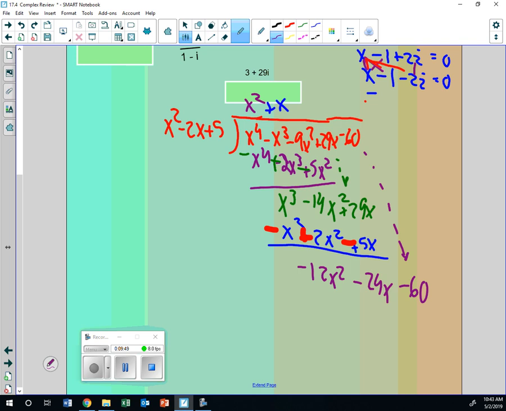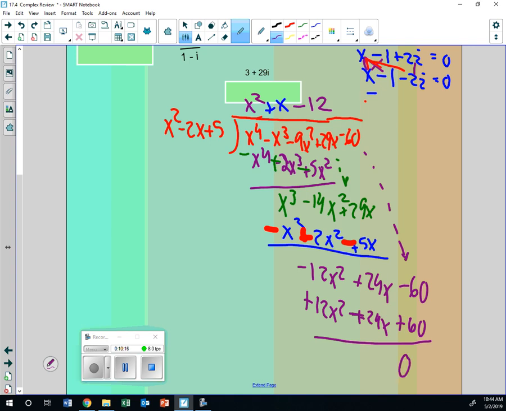So if I take this minus 12, I should get negative 12x squared plus 24x. Wait a minute. Yep, it is. Thank you. And then 5 times that is negative 60. So when I do the opposites, they give you 0.